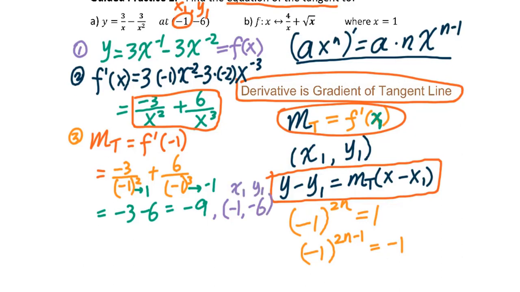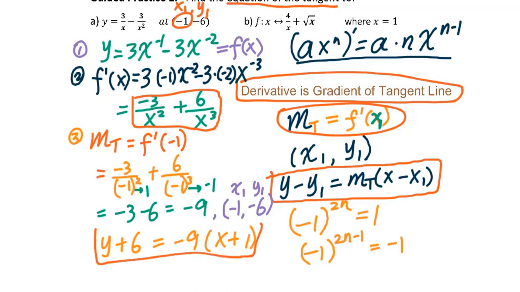So we can write down the equation of this tangent line. That is y plus 6 equals negative 9 times x plus 1. You can leave it as it is because they didn't ask you to change into slope-intercept form. This will be your final answer.